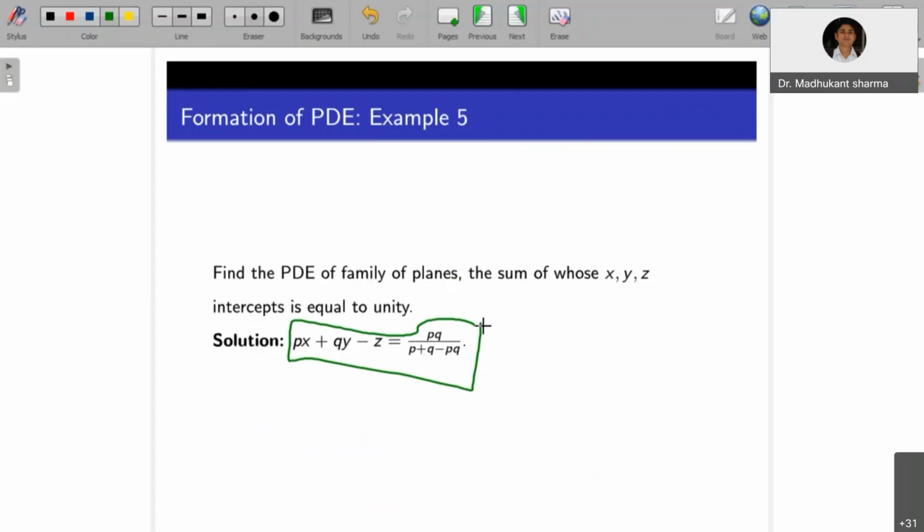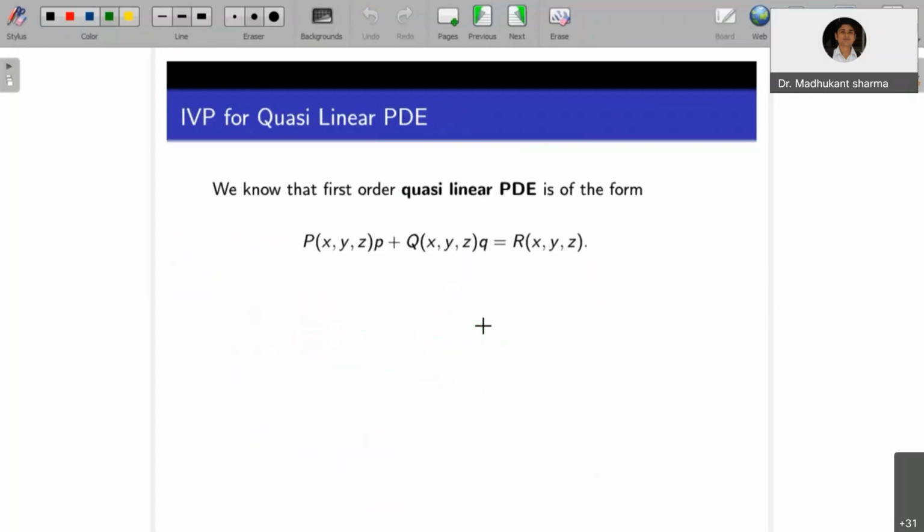Okay, right. Now we are going to focus on quasi-linear PDE. Quasi-linear PDE means we are talking about the first order one only.